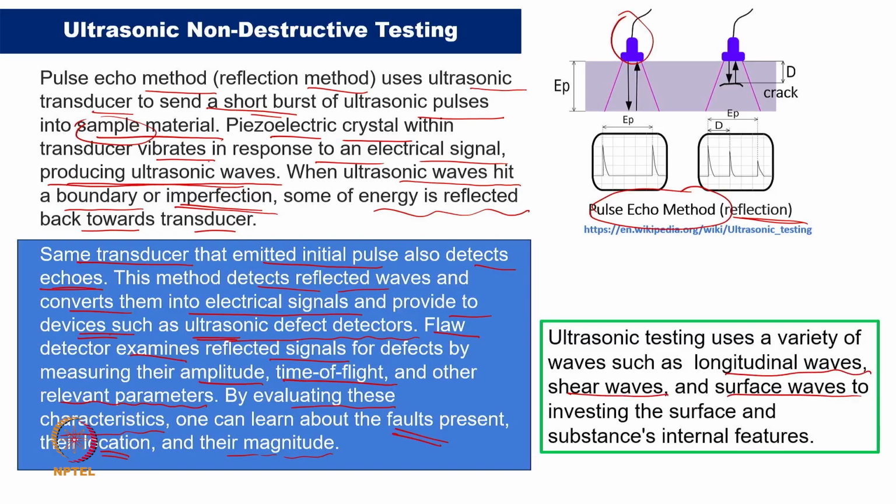Even though we are discussing only one technique, the ultrasonic technique, it already has two different kinds of sensing units and three different kinds of waves. So, it is itself a big topic, and we are trying to give only an overview in this course, so that we can build our course on this.